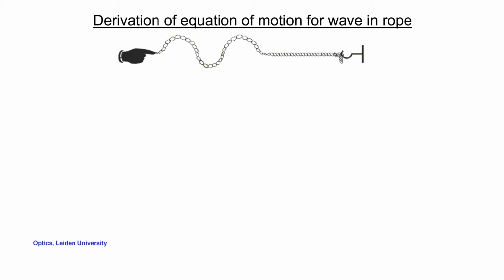Earlier, I mentioned the wave equation as a means to describe the dynamics of a wave, but I didn't derive that equation. So let's do that now for a particular case of a transverse displacement in a rope. A transverse displacement that we will indicate not with the psi, but with the displacement y as a function of position along the rope, x, and time. So the first question you will ask yourself is, what does the dynamics in this rope depend on which parameters?